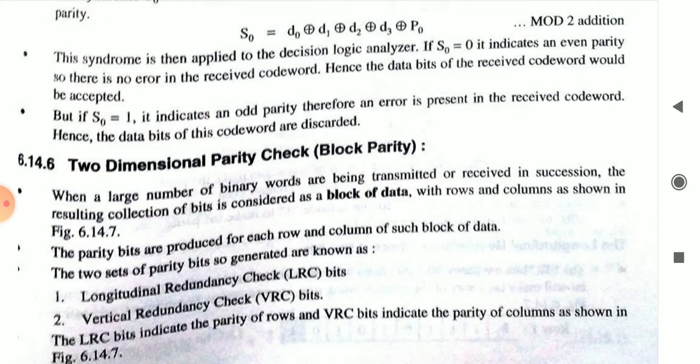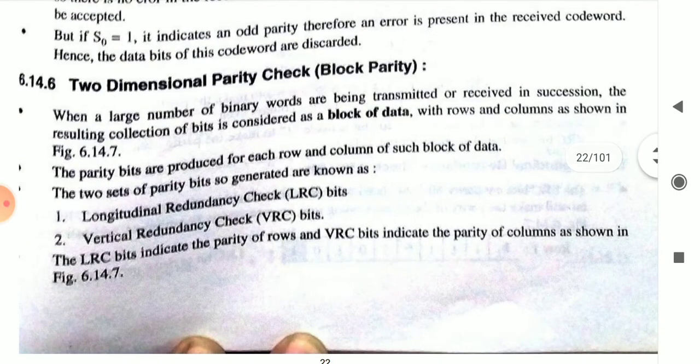If S0 is equal to 0, it indicates an even parity, so there is no error in the received code word. Hence, the data bits of the received code word will be accepted. But if S0 is equal to 1, it indicates an odd parity, therefore an error is present in the received code word. Hence, the data bits of the code word are discarded.